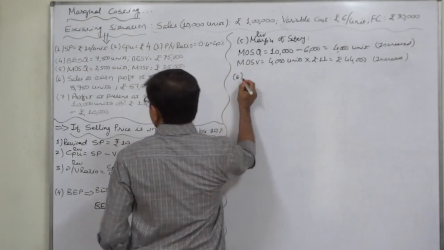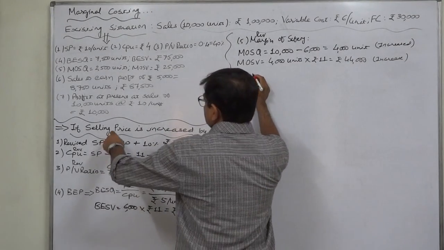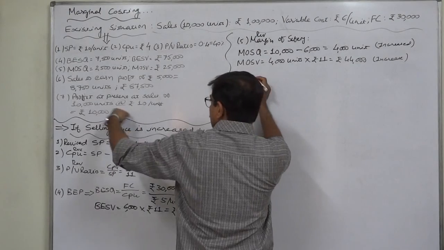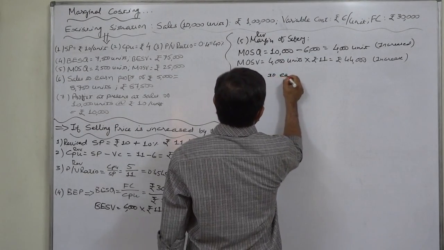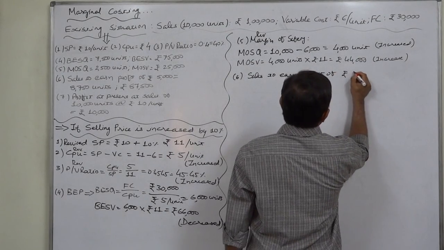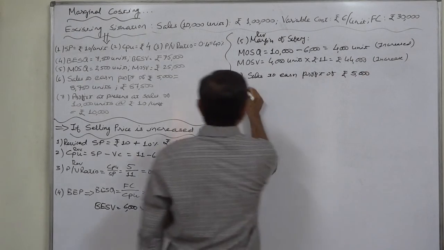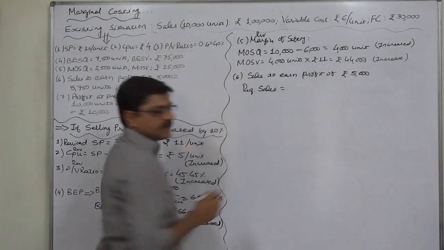And the last thing, sorry, not last, as we have added this voluntarily, sales to earn a profit of rupees 5,000. Okay, let us use the same formula of required sales. This is a versatile formula.